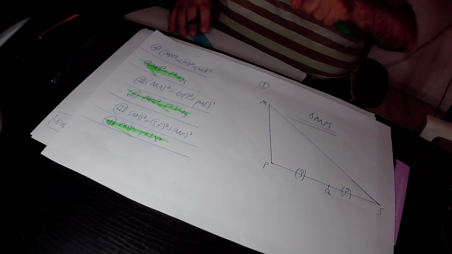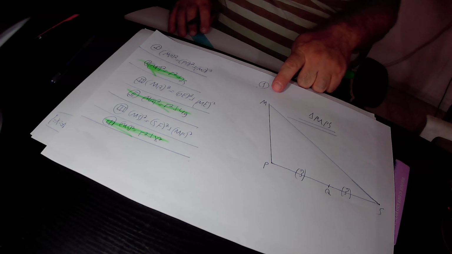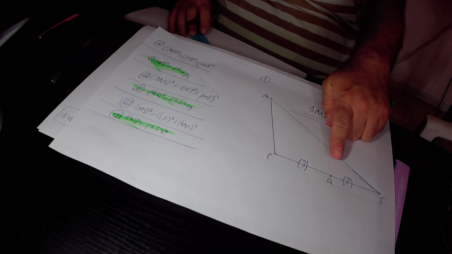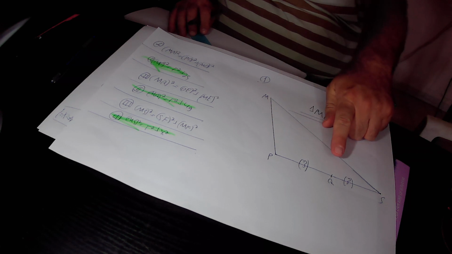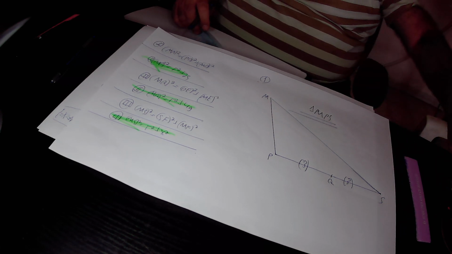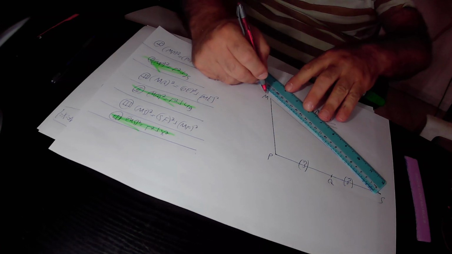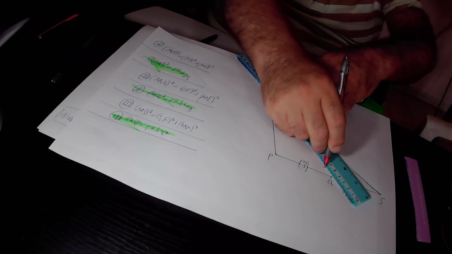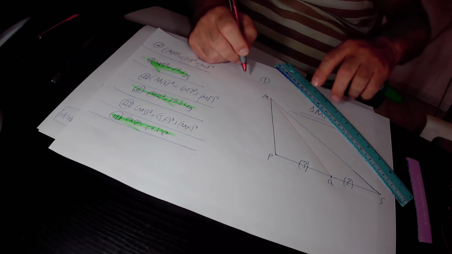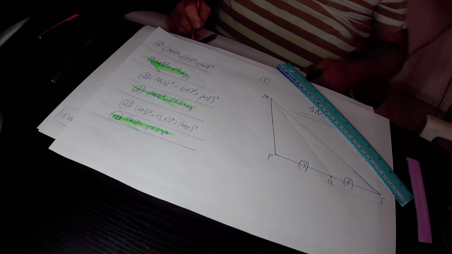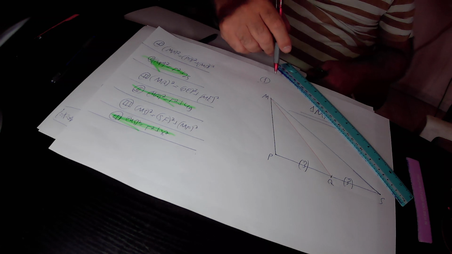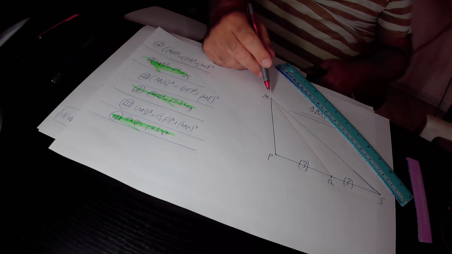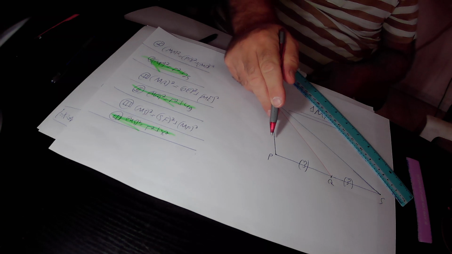From the vertex M, we will draw a straight line to the midpoint of side PS, that is point Q. Actually, line segment MQ is defined as a median of this triangle MPS, because it starts from the vertex M and ends at point Q, that is the midpoint of side PS.